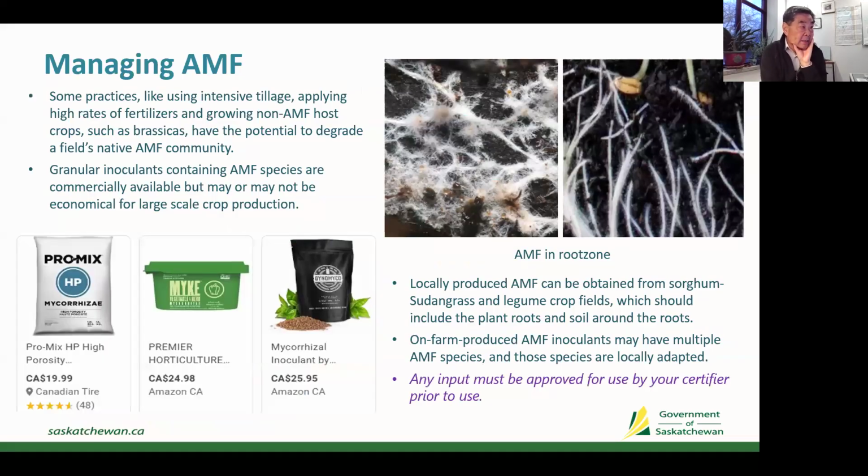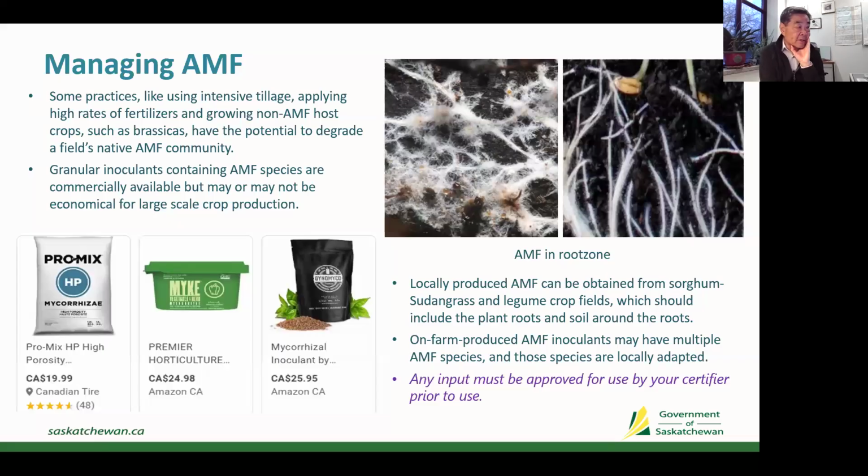Talking about managing AMF, some practices, like intensive tillage, applying high rates of fertilizer, and growing non-AMF host crops such as brassica or mustard, have the potential to degrade the field's native AMF community, and the population starts to decrease slowly.